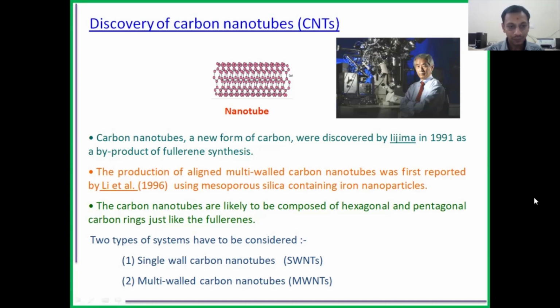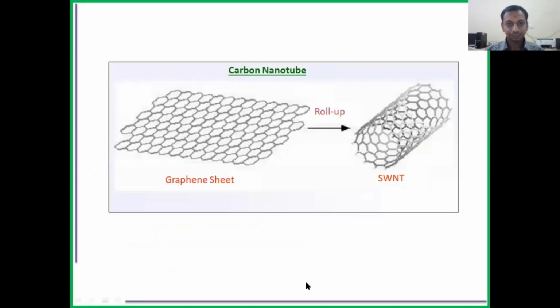Let's see here, two types of systems have to be considered: single wall carbon nanotubes and multi-wall carbon nanotubes. The graphite has graphene. One single layer of graphite is known as graphene, and one can roll it into a seamless cylinder, and you can get a structure like a tube.